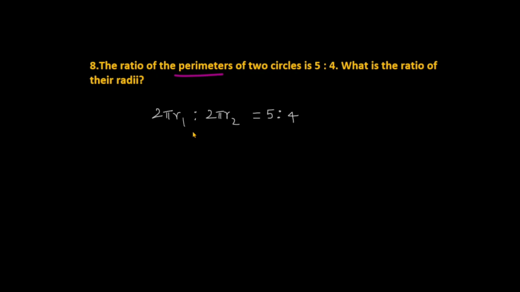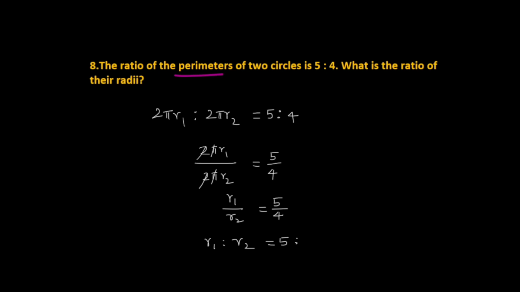The ratio can be written in fraction format. So when we are writing this as 5/4, we can cancel 2 and 2, pi and pi. So r1 by r2 is equal to 5/4. Ratio of the radii R1 is to R2 is equal to 5 is to 4. So the ratio of radii is 5 is to 4.